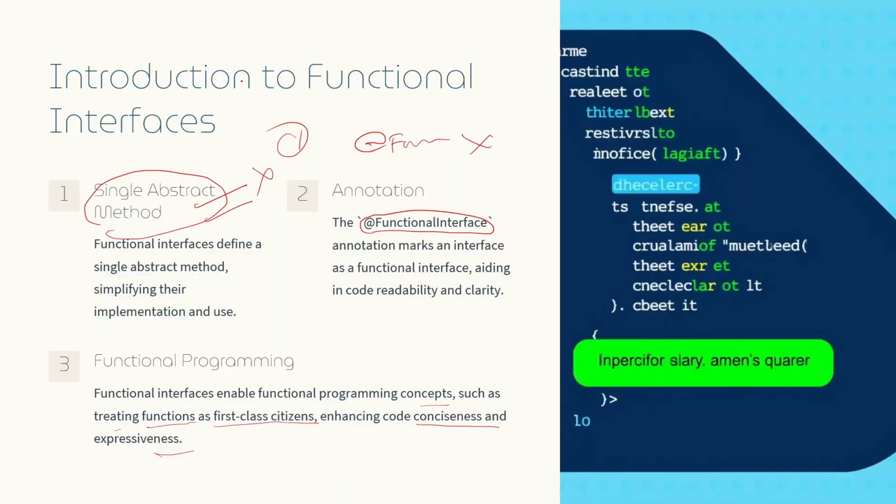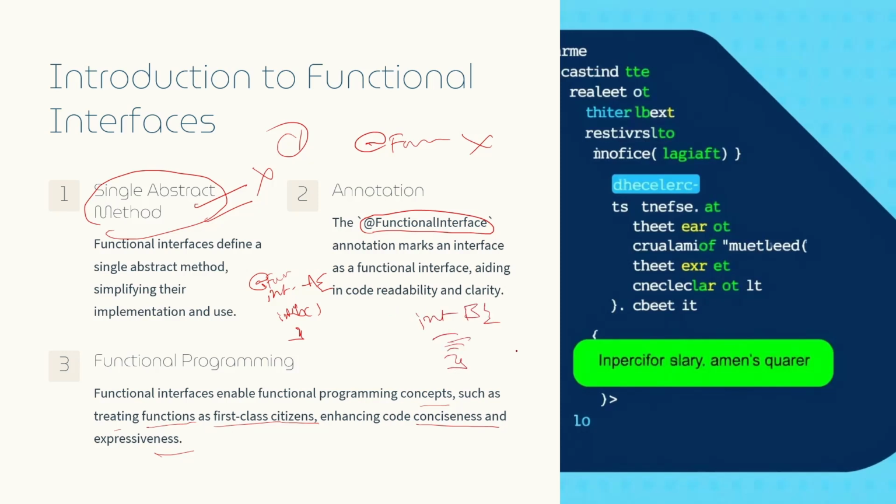For example, let's say I have a functional interface A, and I have some method B in it. If I have another interface B, it has some methods.